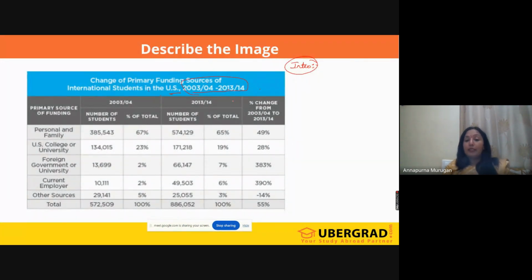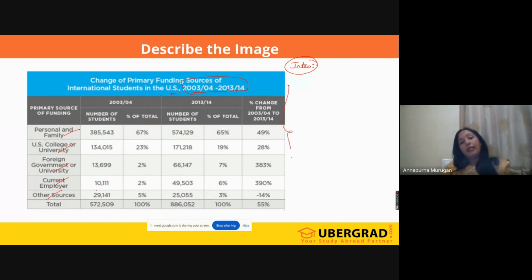So they are comparing 2 years where the source of funding has changed. Okay, the primary source of funding has been changed here. So what are those? Personal, family, US college, foreign government, current employer, and other sources.